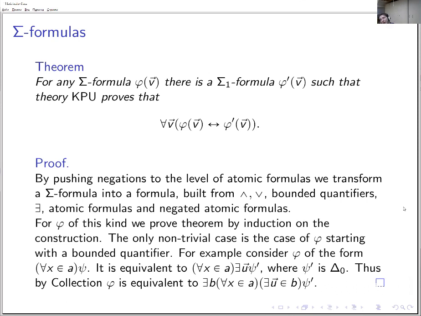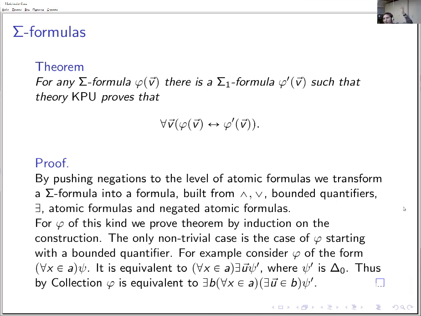Okay, so how is it proved? It's rather easy. First of all, let's deal with negation and implication. We eliminate all negation and implication from the formula by pushing the negation downward to the level of atomic formulas. First we express implication in terms of disjunction and negation, and after that we use the De Morgan laws to push negations to the level of atomic formulas.